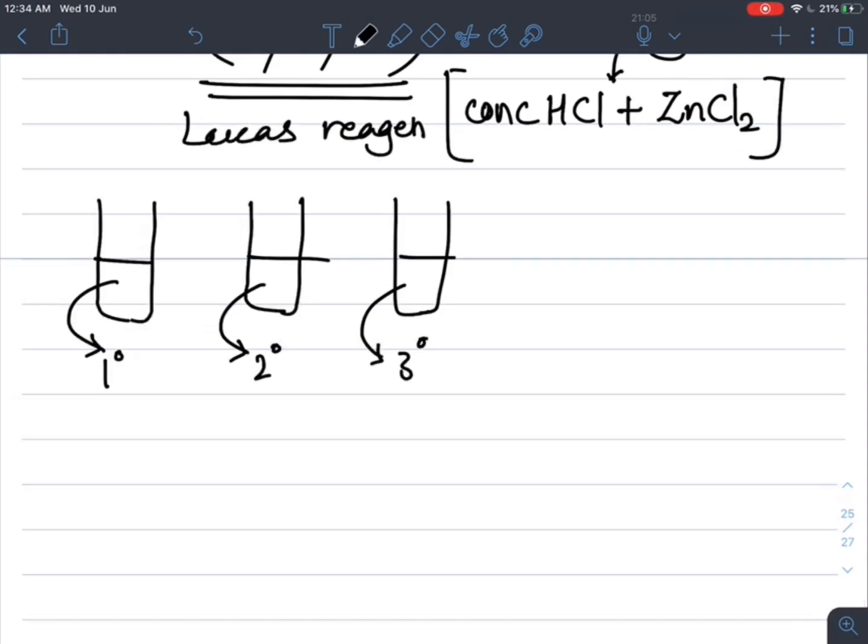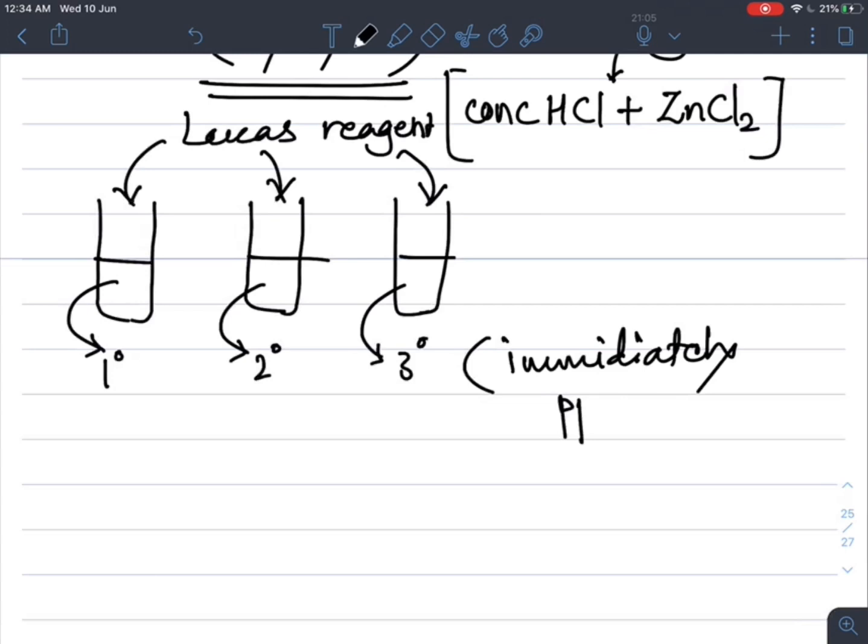After adding Lucas reagent in these test tubes, we can observe immediately that a precipitate (PPT) is formed, turbidity is observed, and we can identify this is the tertiary alcohol.